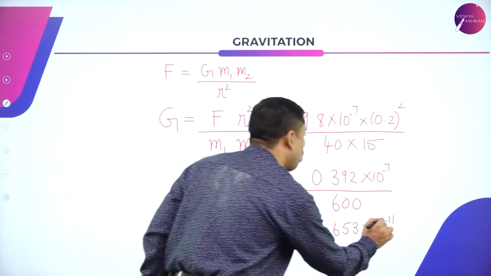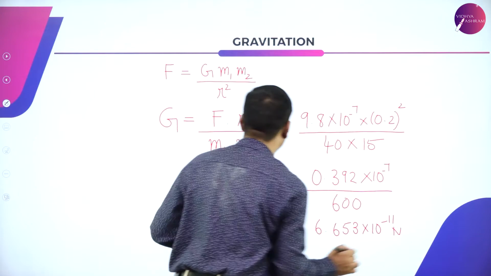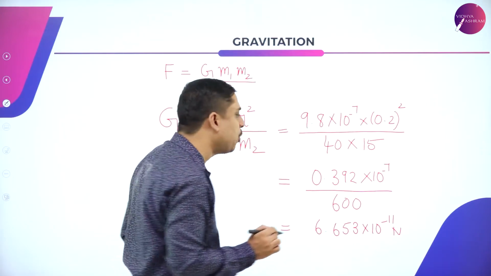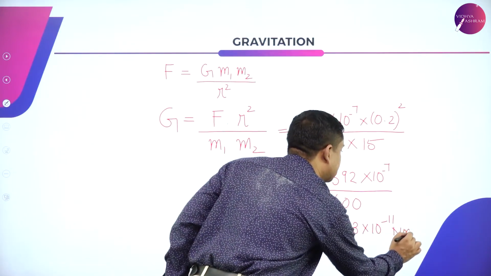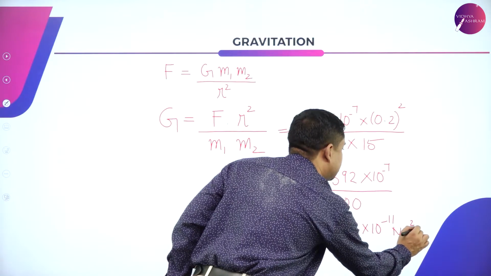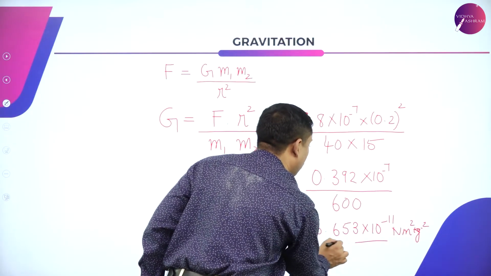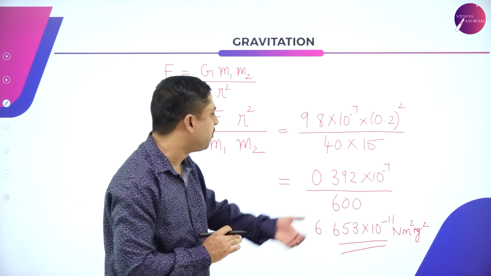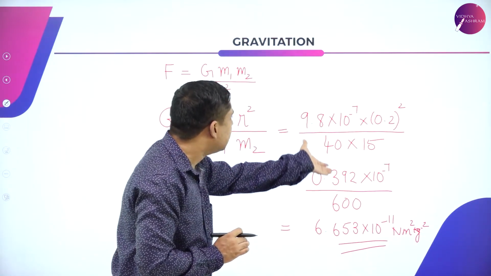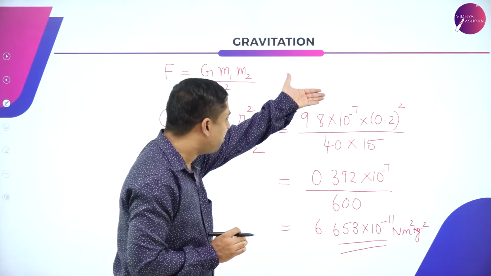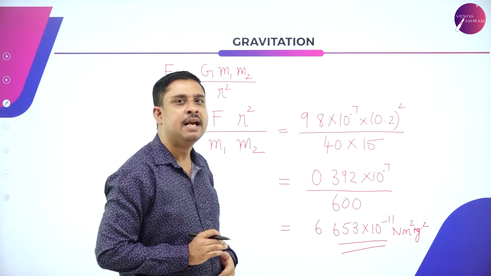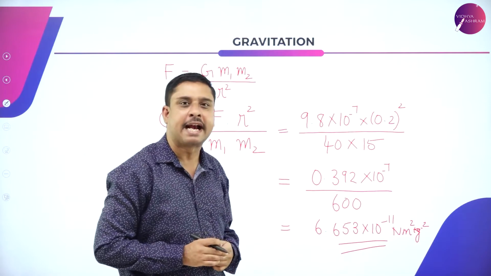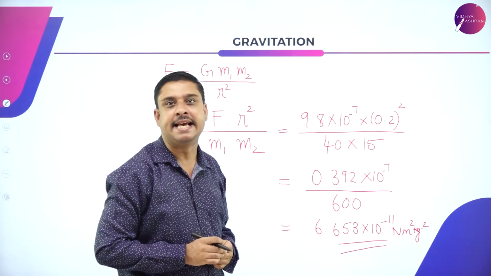Unit for G: Newton meter square kg minus 2. So this is the answer we arrive at. Once you know the formula, proper substitution, the answer can be arrived very, very easily.